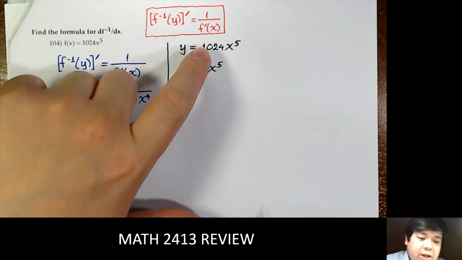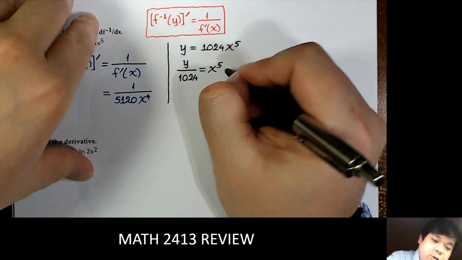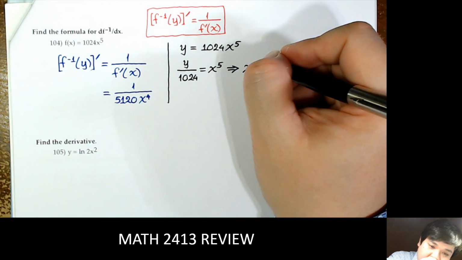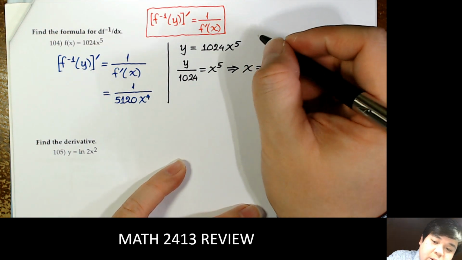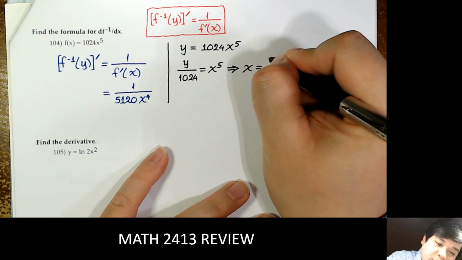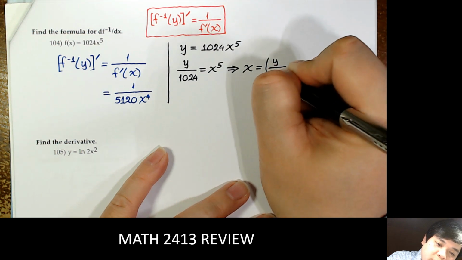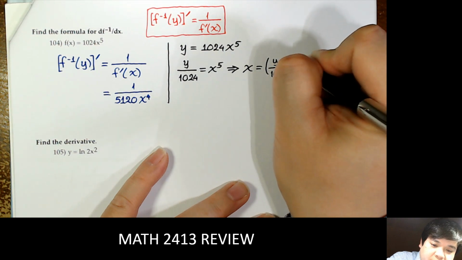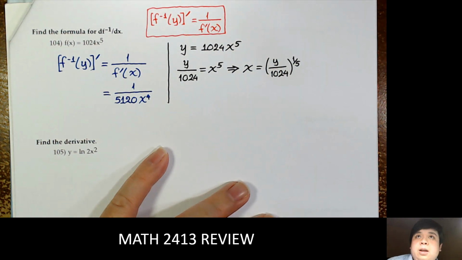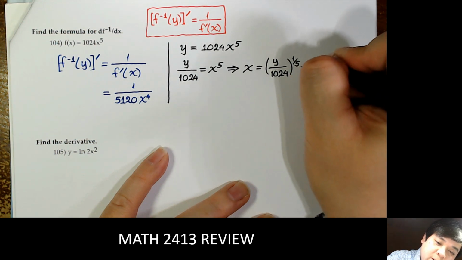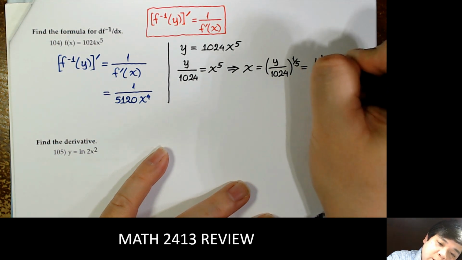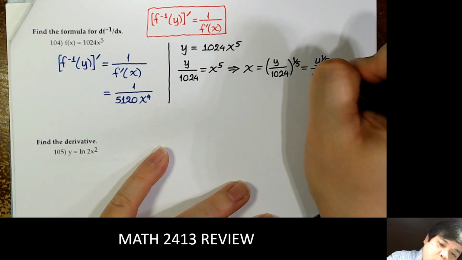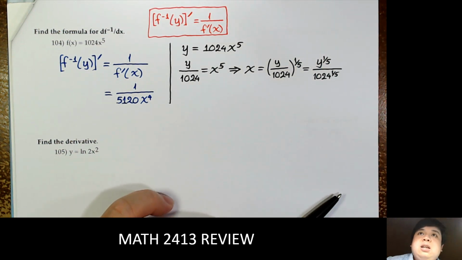And then if we divide by that, and then we take the fifth root, we will have x equal to, we just raise both sides to the 1/5 power. So we say y over 1024 to the 1/5. Now that 1/5 will go to the top and 1024 to the 1/5 goes to the bottom. Right, let's see.